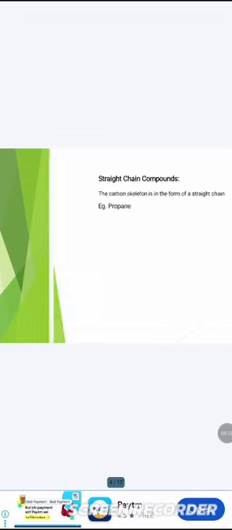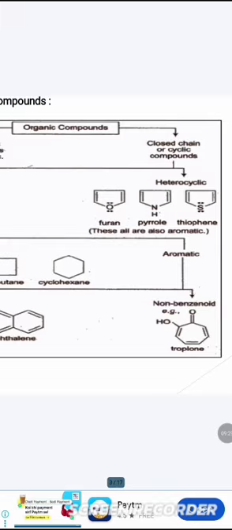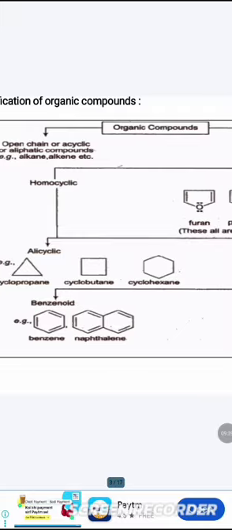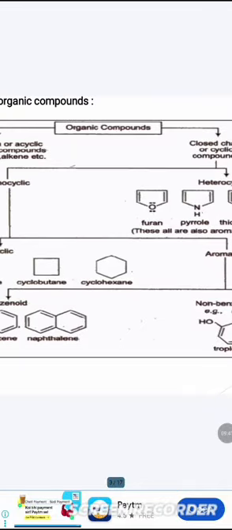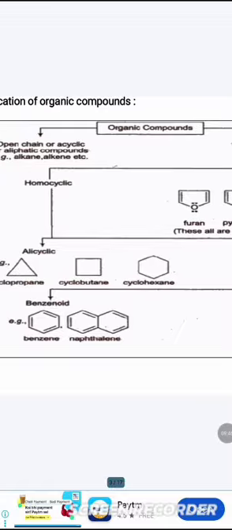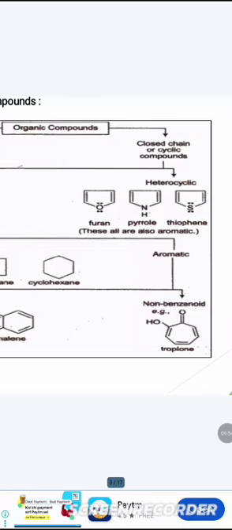The main classification of organic compounds is into two types: closed chain and open chain. The closed chain compounds are further classified into two types, homocyclic and heterocyclic. The homocyclic is further classified into two types, alicyclic and aromatic. Then aromatic is further classified into two types, benzenoid and non-benzenoid.